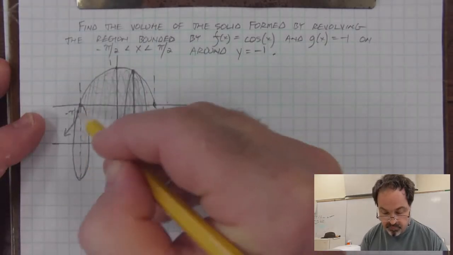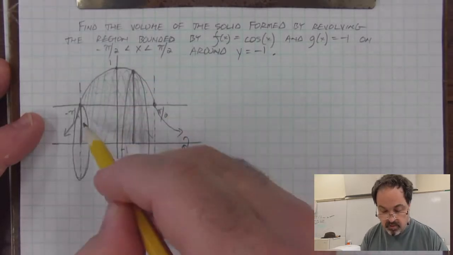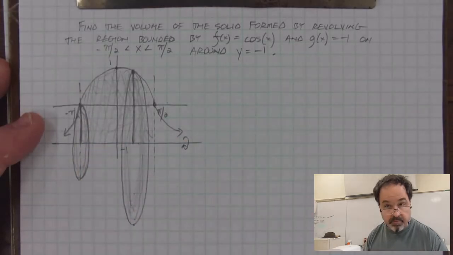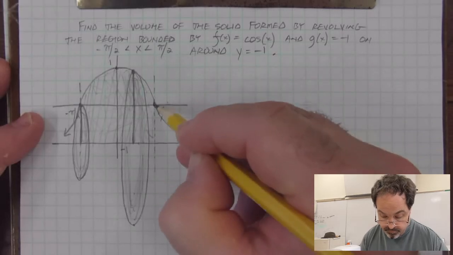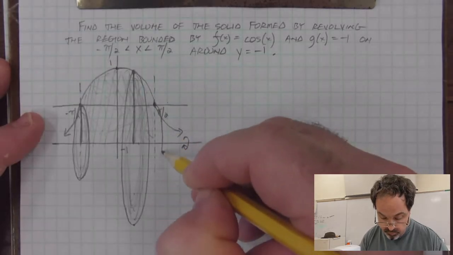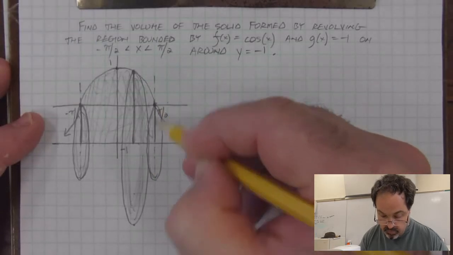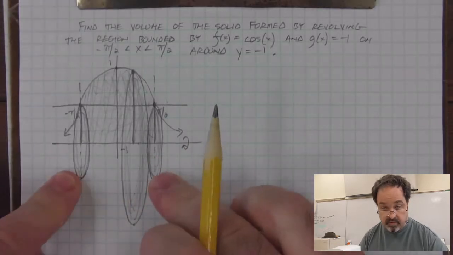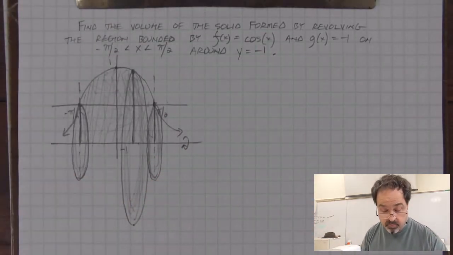And if we think of the function value then also representing a line, the entire line then revolves around to make a disk. It happens at this last function value. The point makes a circle. The line makes a disk, and these two disks are the ends of the solid that's being formed.